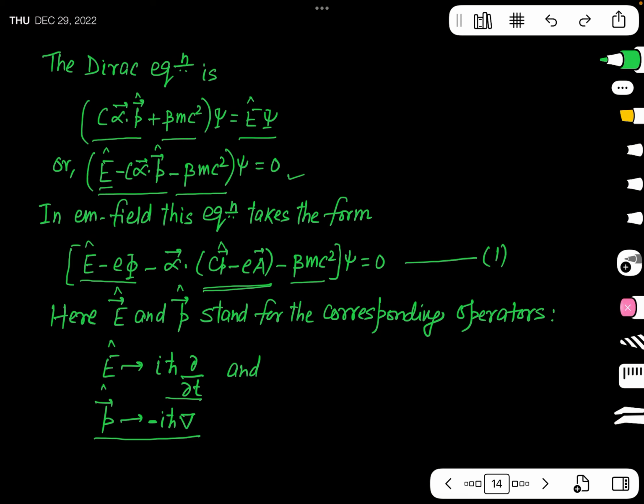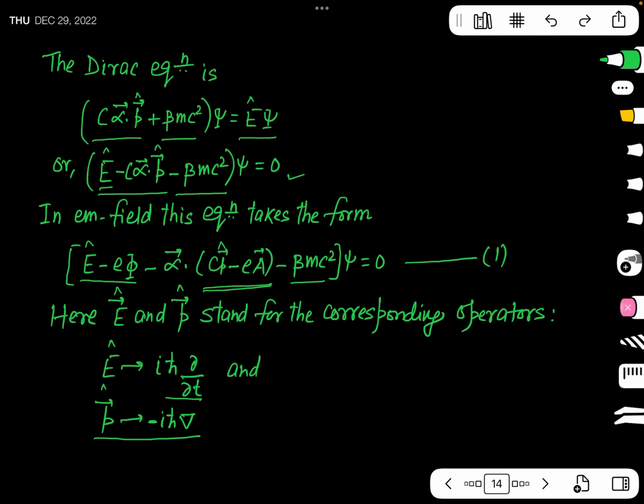Now we will use a particular algebra. In fact, we will multiply this equation 1 from the left side, or you can say we will operate an operator from the left side on equation 1, and that operator will be E minus Eφ plus alpha dot (Cp minus Ea) plus beta mc square.